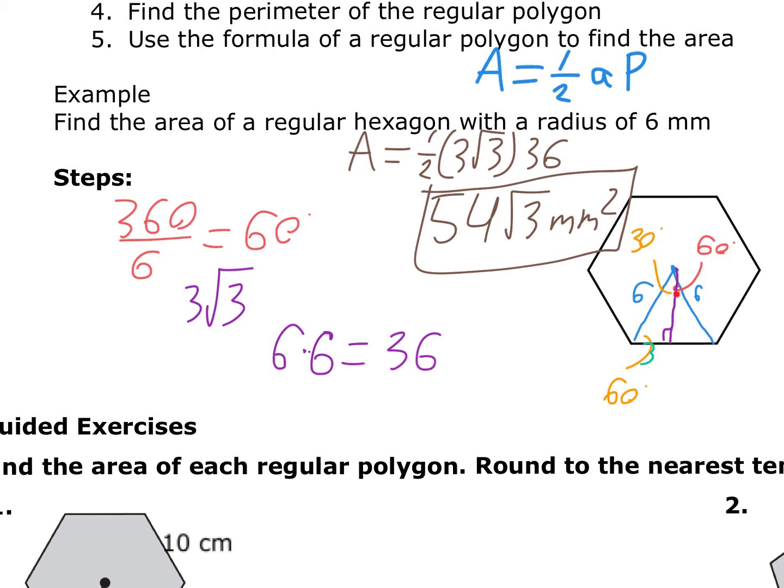Our apothem is a perpendicular bisector, so it cut up this full side into 2 equal parts. So if this part is 3, that makes this part also 3, which makes this side 6. There are 6 sides. 6 times 6 gave us our 36. In case you were confused as to where that 6 came from.